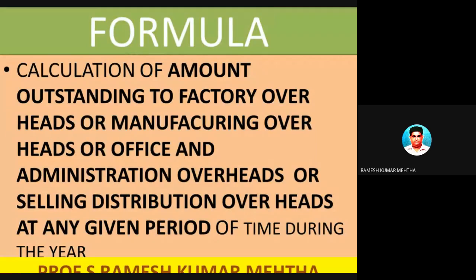Which is credit costs. In a similar fashion, now the second item of current liability is factory overheads, or selling and distribution overheads, or office and administration overheads, or you can total them to total overheads.